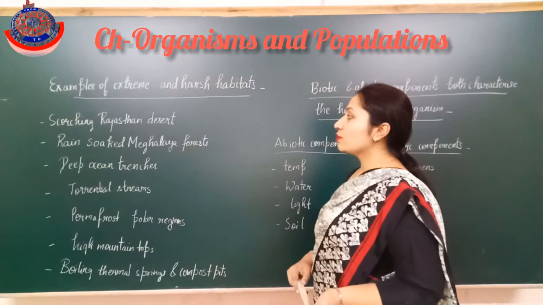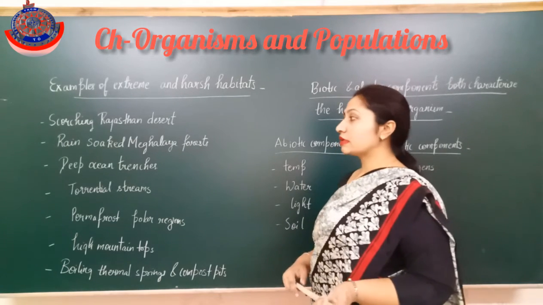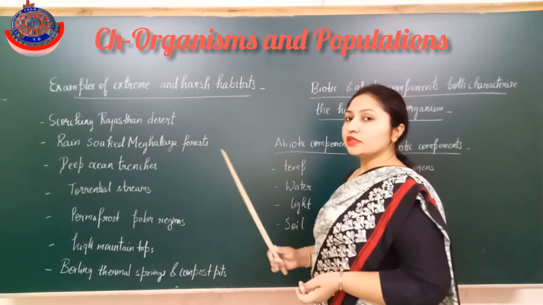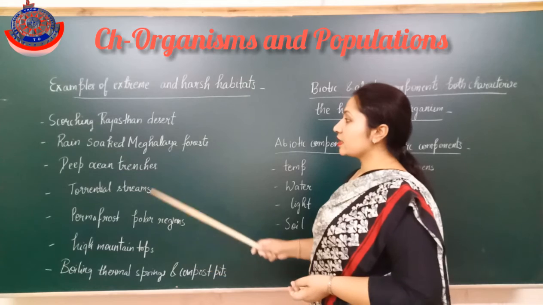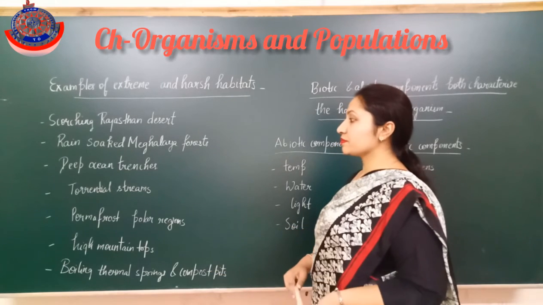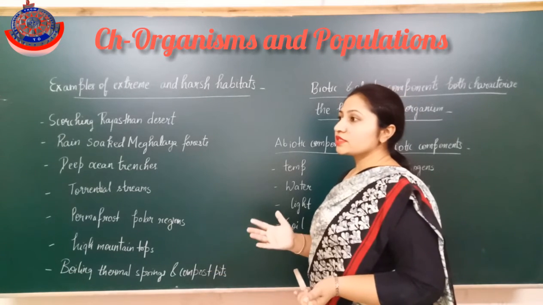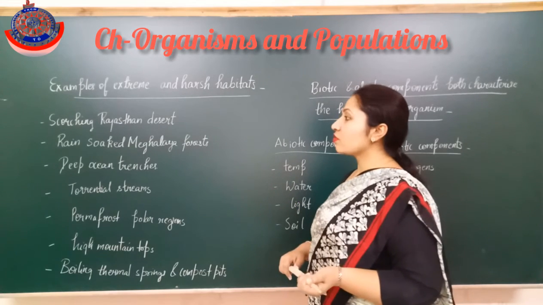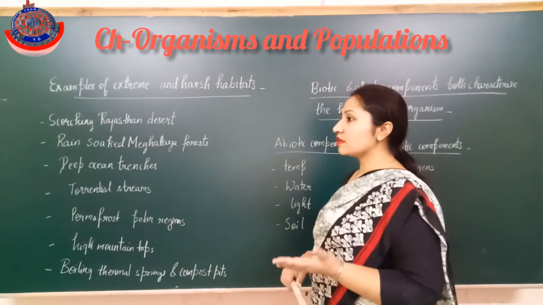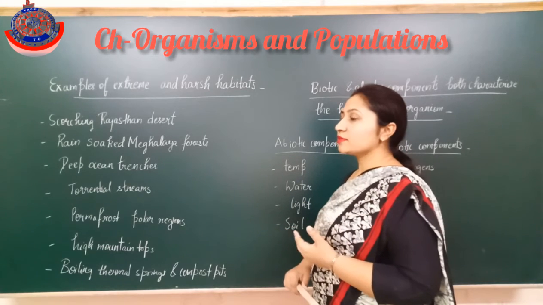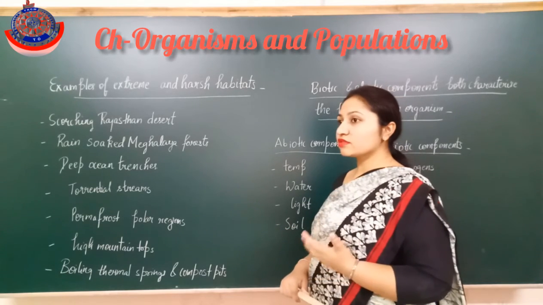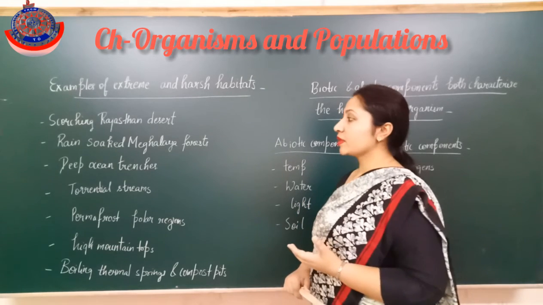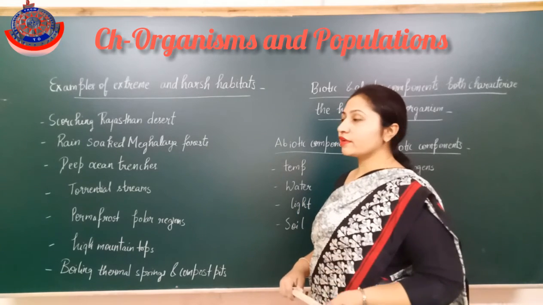Next is the rain-soaked Meghalaya forests, where it rains very hard but still life is present there. Next is deep ocean trenches, where the pressure of the water is very high, but still some aquatic life persists.